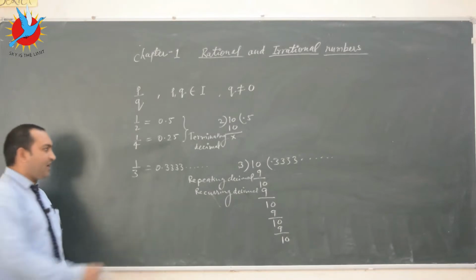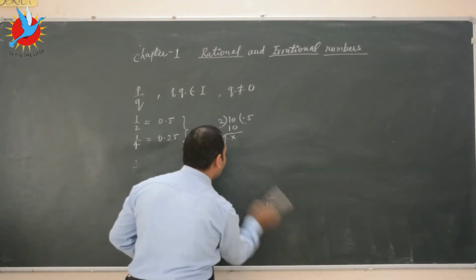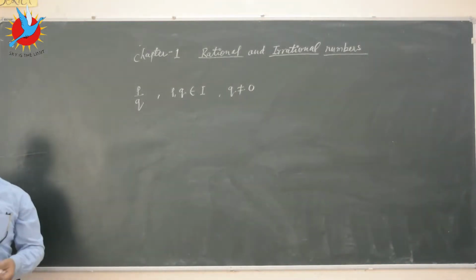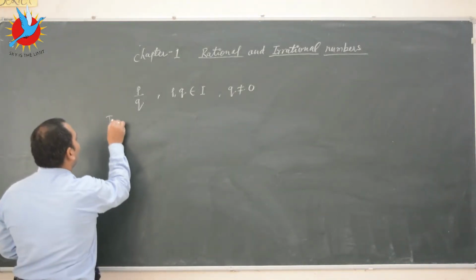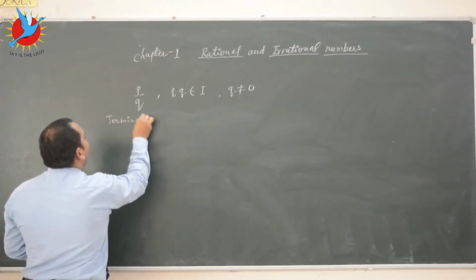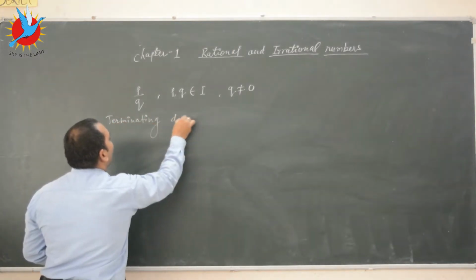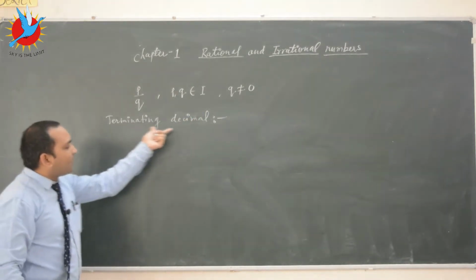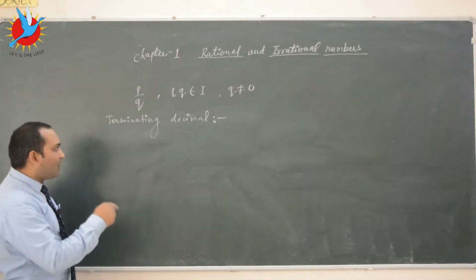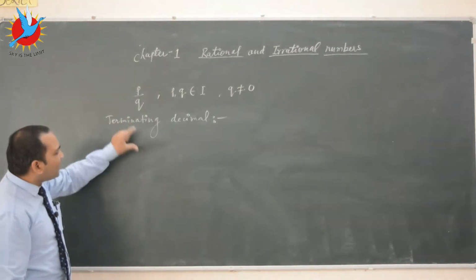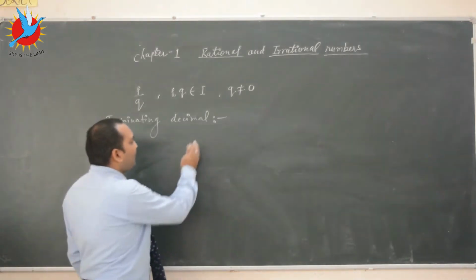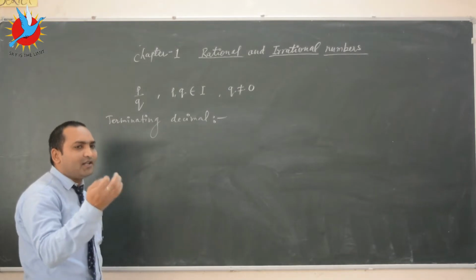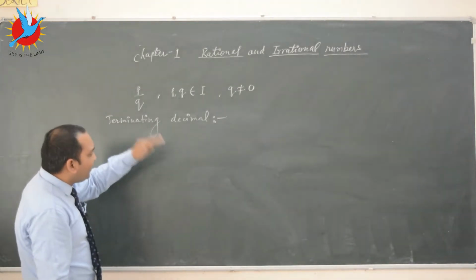So what is a terminating decimal? A rational number can be written in terminating decimal form, which means after a certain decimal place the remainder is 0.